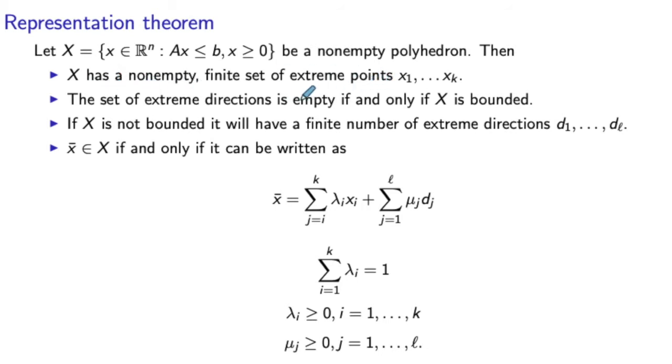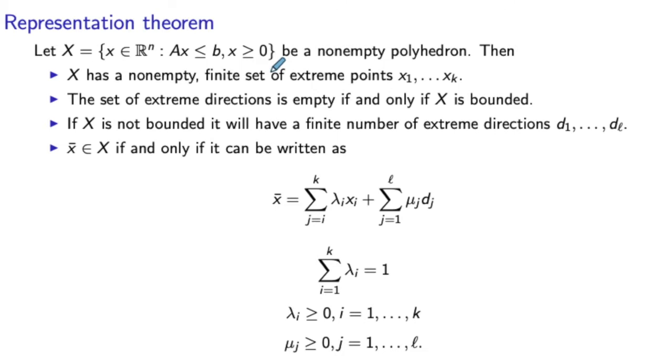Now, why is this set finite? Because we have a finite number of defining hyperplanes, and let's say if we assume that the matrix A has m rows and n columns, then the total number of defining hyperplanes is given by m plus n, and then we know that for a point within the polyhedral set to be an extreme point, it must be on the intersection of n linearly independent defining hyperplanes.